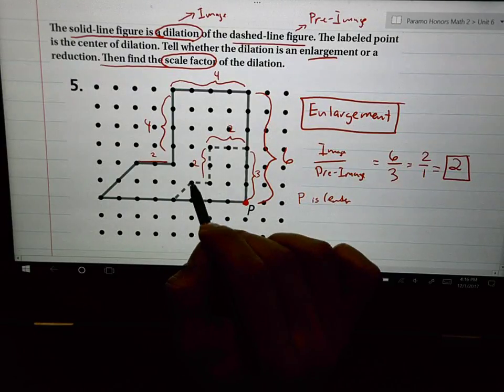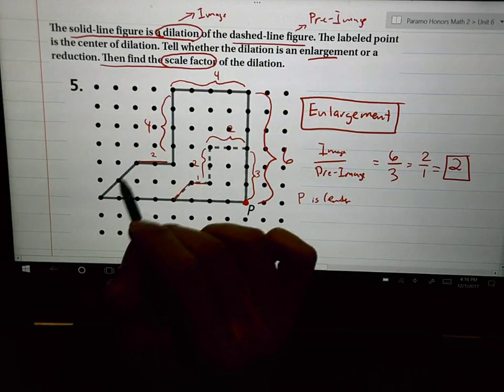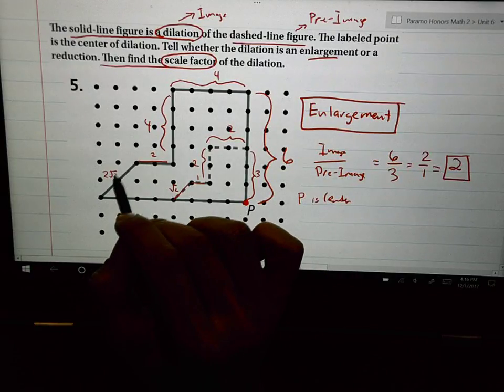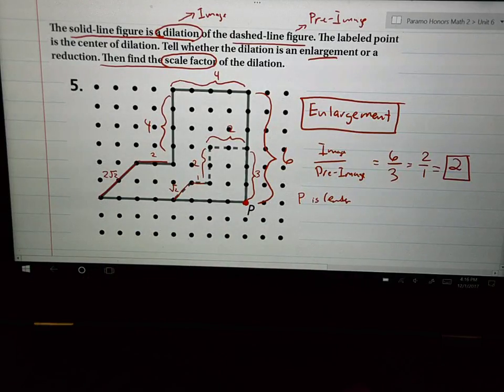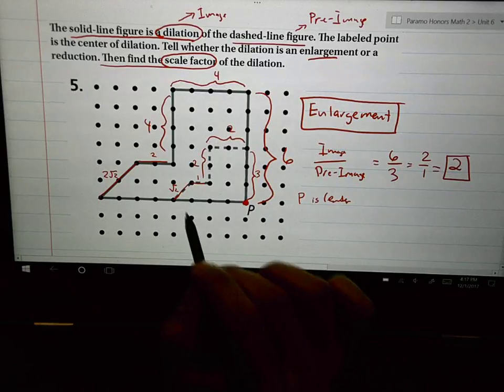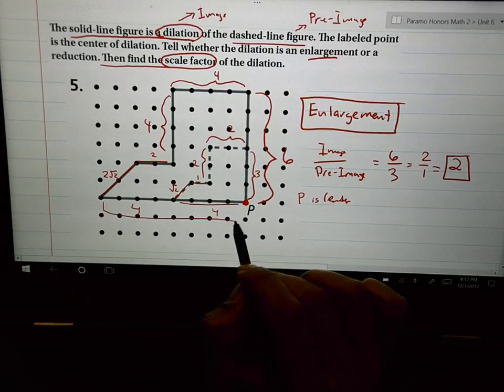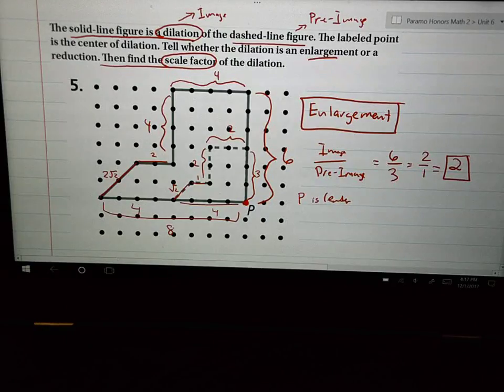Is that double the 1? Is this diagonal, which is root 2, 2 root 2? Which it is, and so on. So you can check all the sides. I didn't check this other side, but it is 4, and there's another 4 there, which makes that whole thing 8. You see it? Perfect.